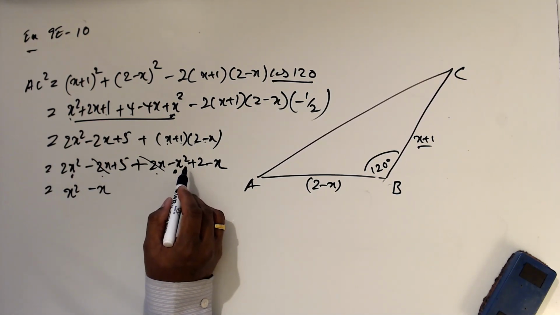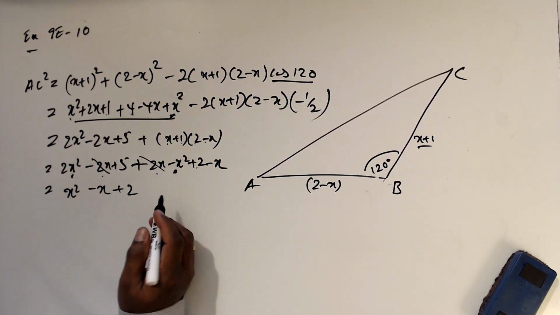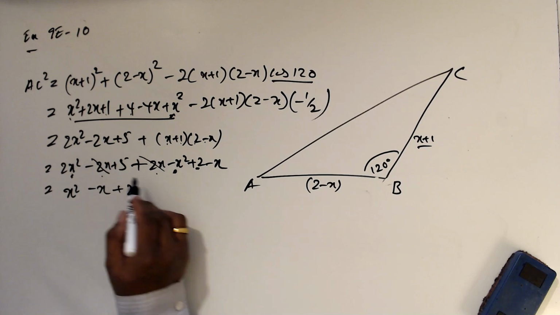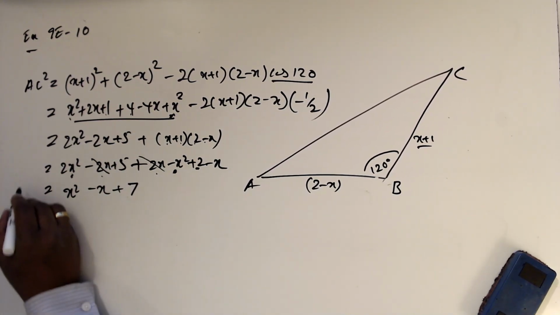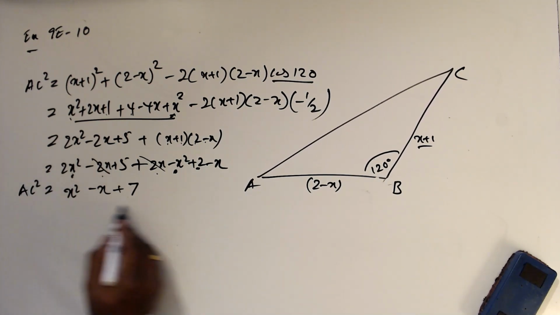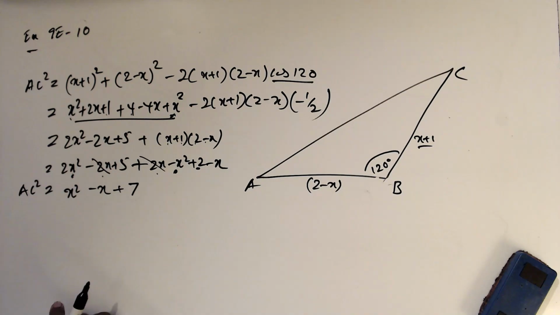And plus 2. Plus 2 and plus 5 is going to be plus 7. So AC square equals x square minus x plus 7, as requested.